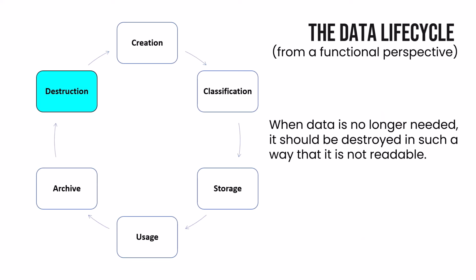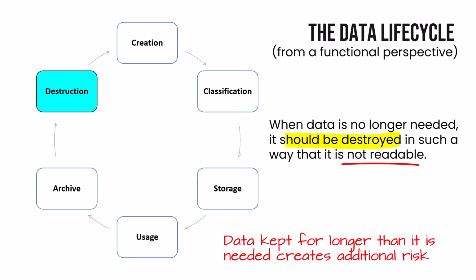So when it's no longer needed, it should be destroyed in such a way that it is not readable. And that means not recoverable, even through forensic means. Remember, data kept for longer than it's needed creates additional risk. Data we do not have cannot be leaked, it cannot be stolen, it cannot be produced for litigation.